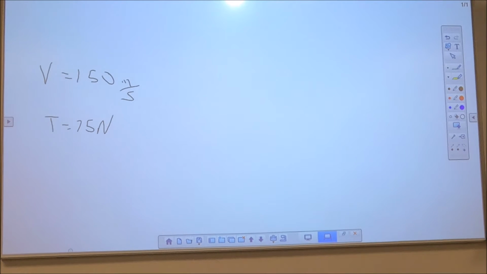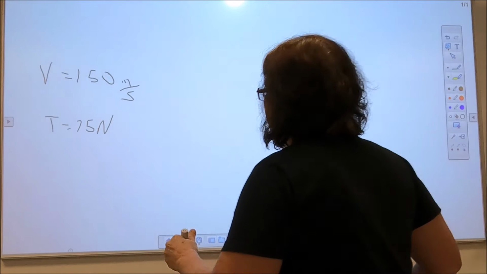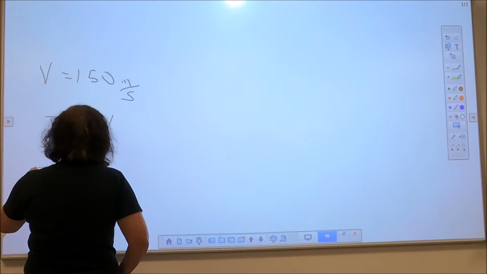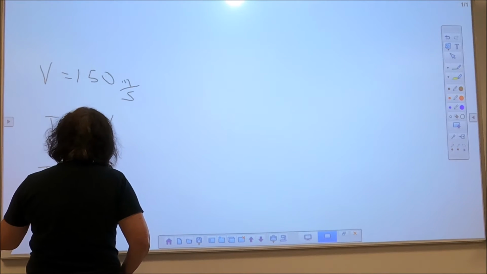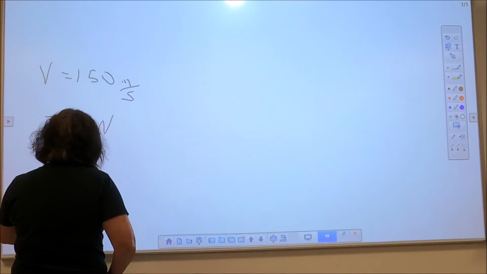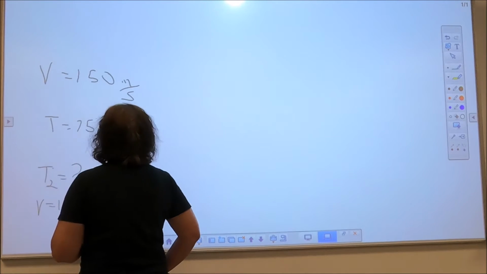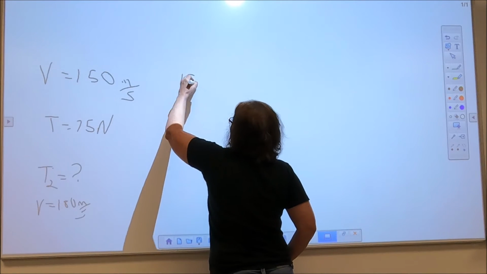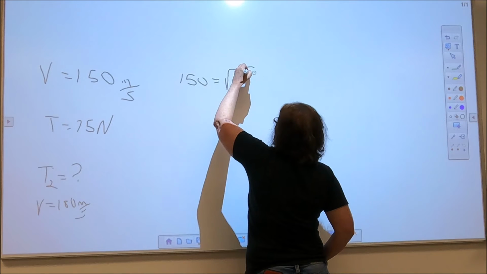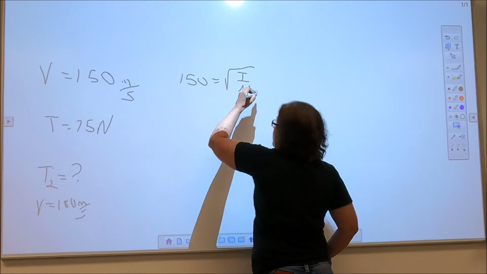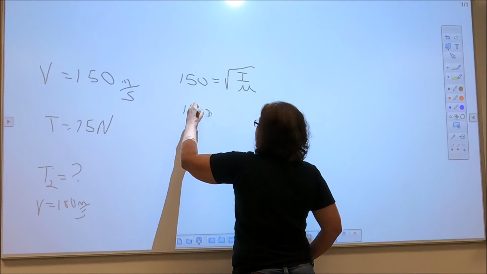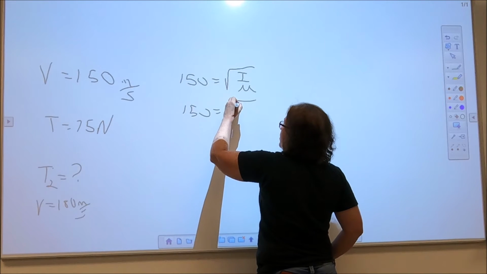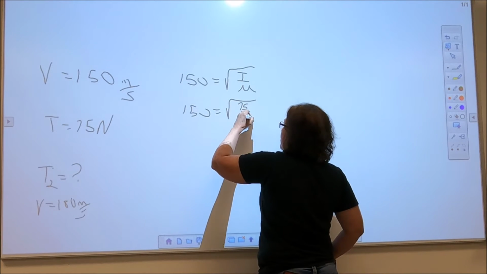Then it says what tension will give a speed of 180 meters per second. I want a T2 when V is 180 meters per second. Okay? So I know 150 is equal to the square root of T over mu. So 150 is equal to the square root of 75 over mu.